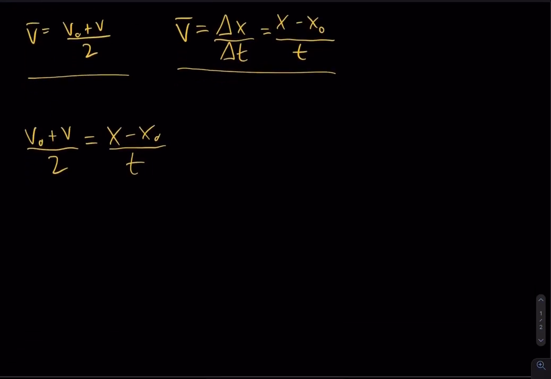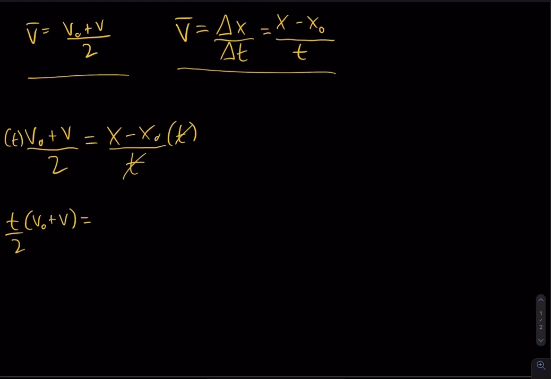To do that, what I'm going to do first is just multiply both sides of this equation by t. So t there, t there. So the t's over here cancel. And on the left-hand side, what I have is t over 2 times v naught plus v.